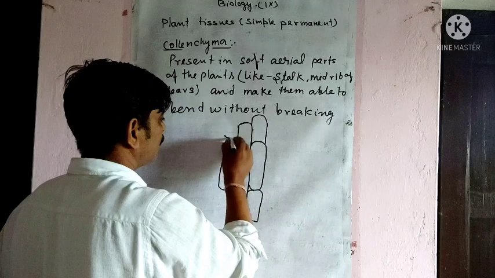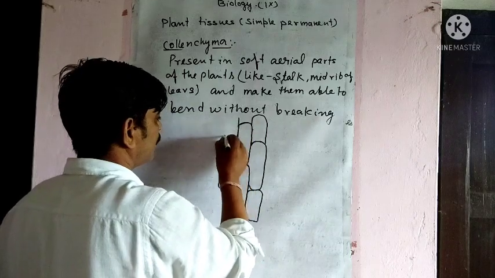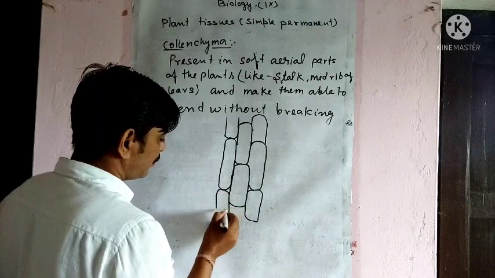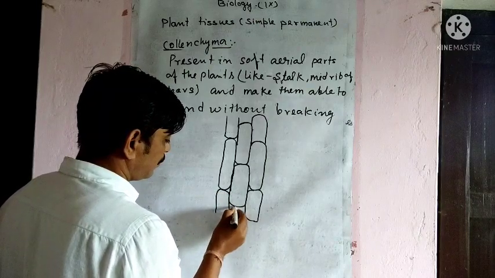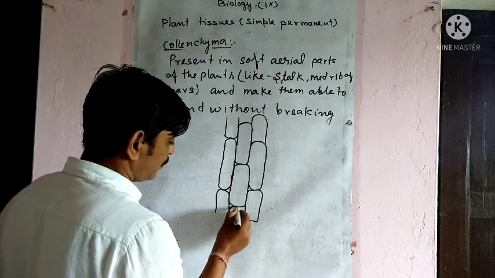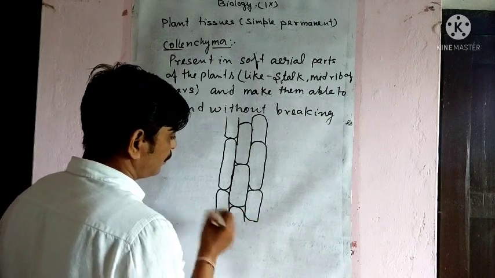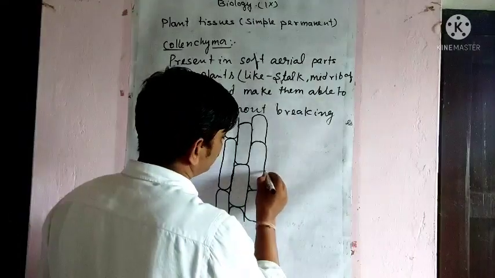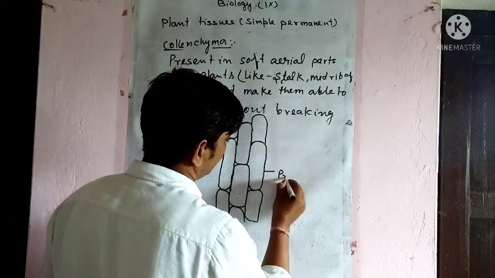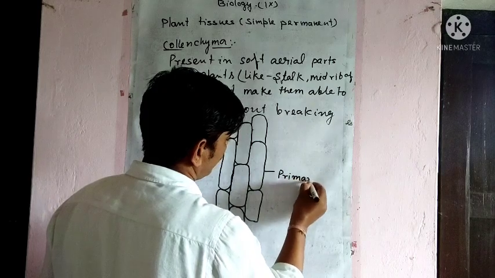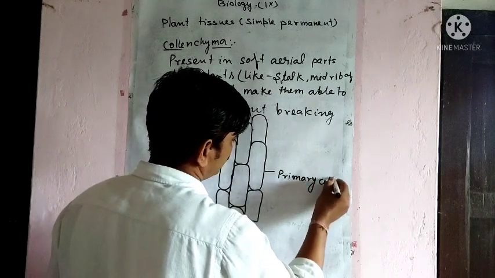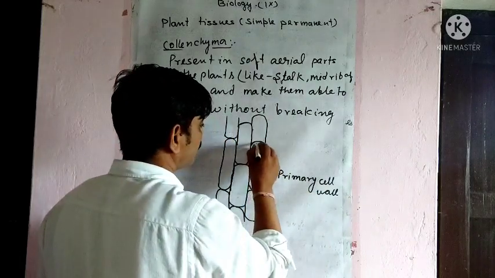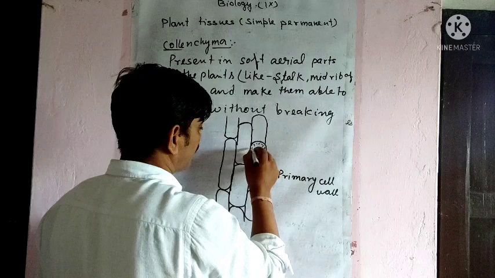Suppose this is the primary cell wall. So this has the cytoplasm.